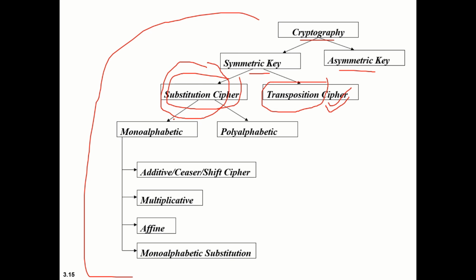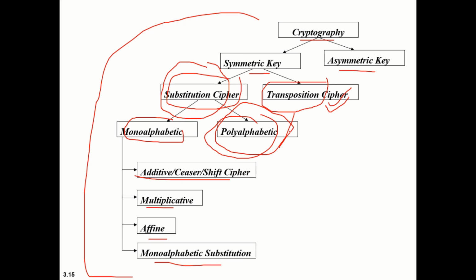In substitution cipher we have monoalphabetic and polyalphabetic. In monoalphabetic, which we discussed today, we have covered the additive or Caesar cipher, multiplicative cipher, affine cipher, and monoalphabetic substitution. For the next class, we have the polyalphabetic substitution cipher.